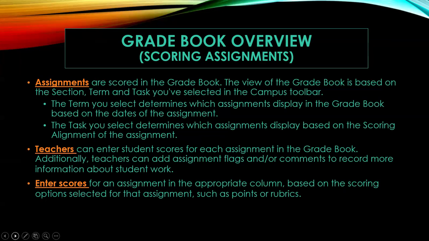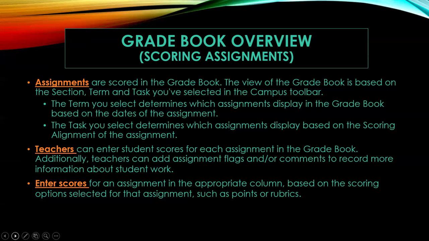You give it a start date and a due date that falls within the term that you are going to grade or score that assignment for. The term you select determines which assignments display in the grade book based on the dates of the assignment. The task you select determines which assignments display based on the scoring alignment of the assignment.